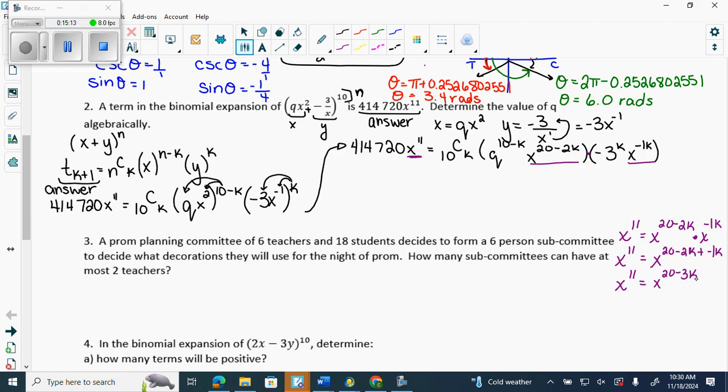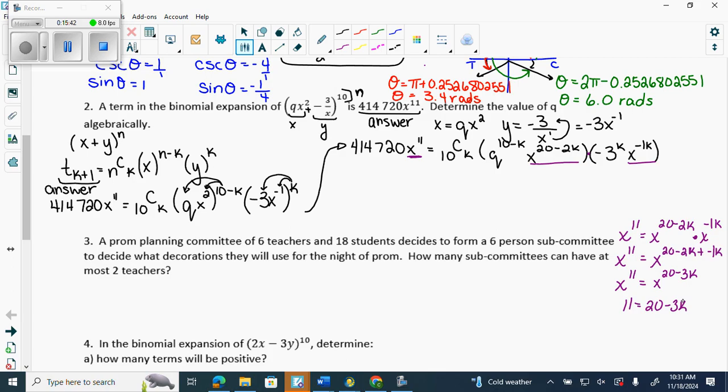Is that true? What do I do next? You set this exponent equal to that exponent, right? Because x to the 11 would have to be x to the 11. This 20 minus 3k is going to have to equal 11 somehow, in order for this to be a true statement. So we're going to say 11 equals 20 minus 3k.